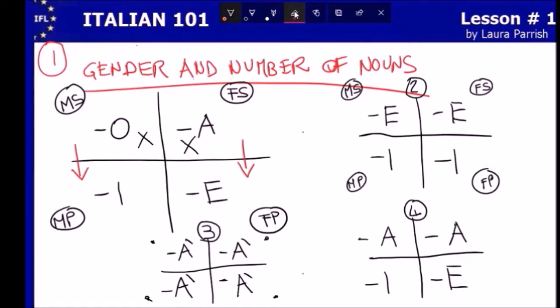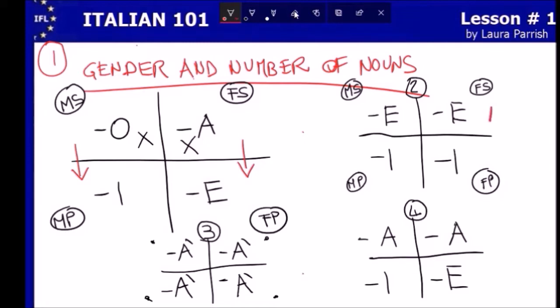Okay, so for example, this pattern is the one that I showed you before, with the words mela and gatto. For this one instead, let's write a word that corresponds to this one.